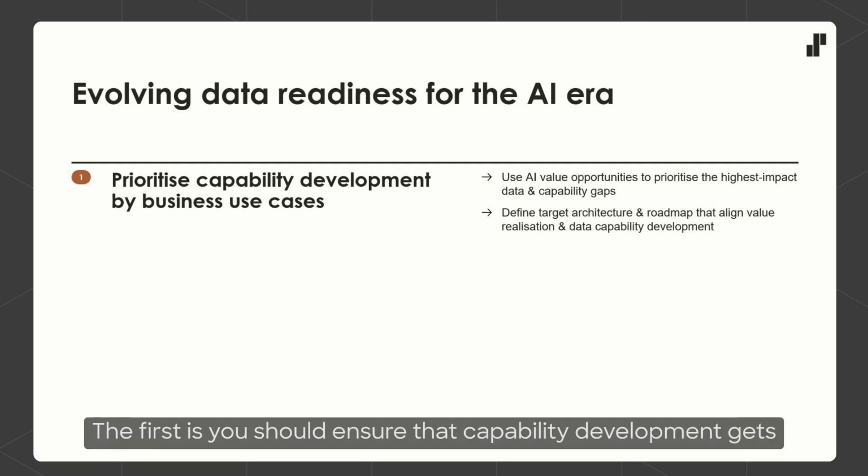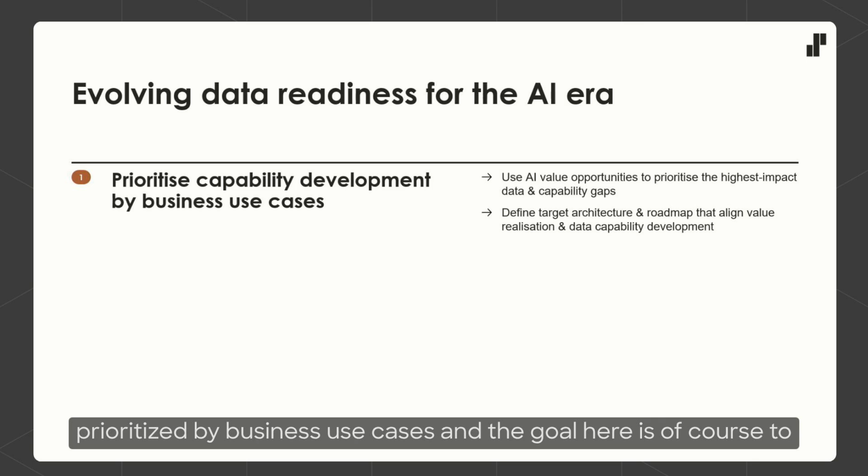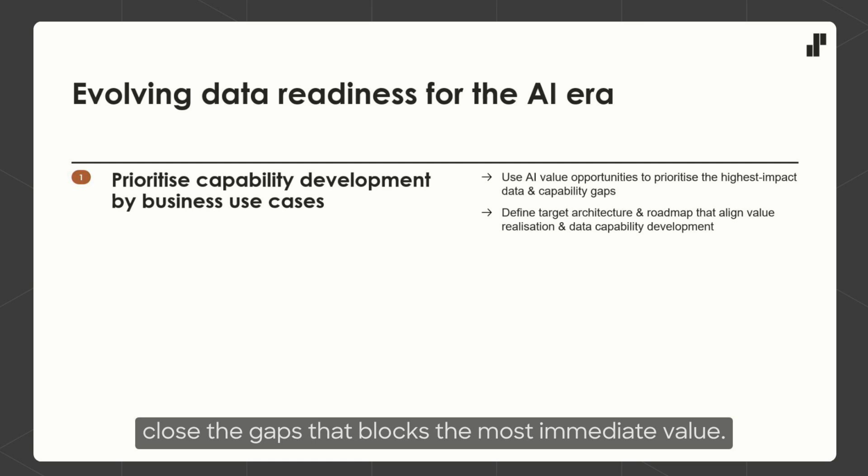The first is you should ensure that capability development gets prioritized by business use cases. And the goal here is, of course, to close the gaps that block the most immediate value.